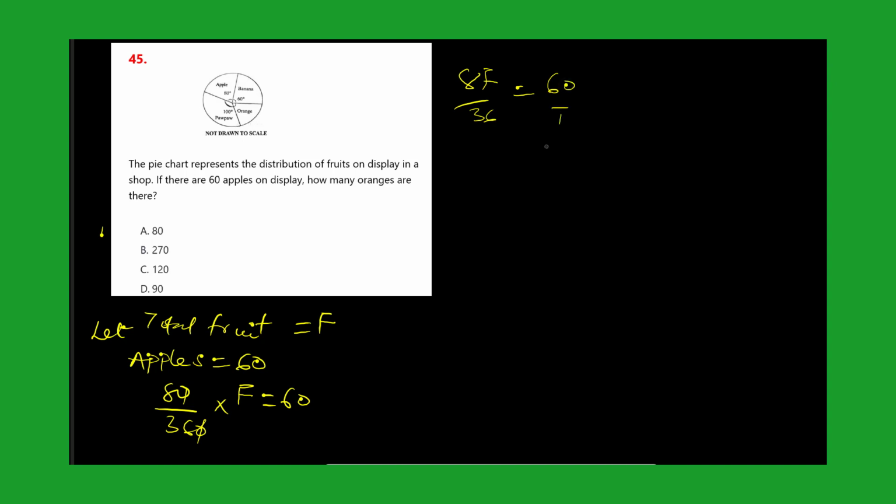So let's cross multiply. 8F equals 2160. Then F will be 216 divided by 8. Then total fruit will be 270 fruits.